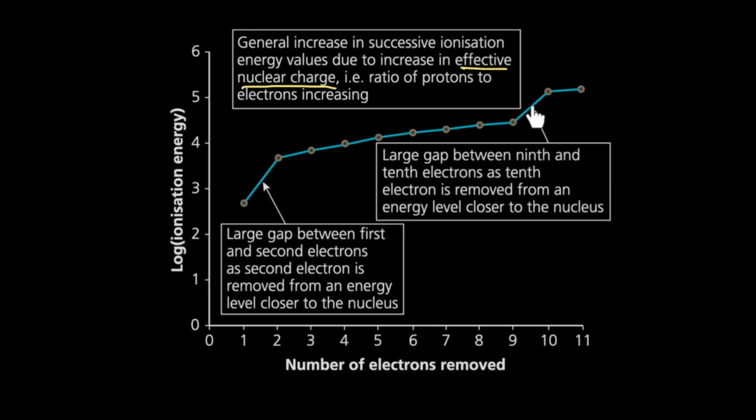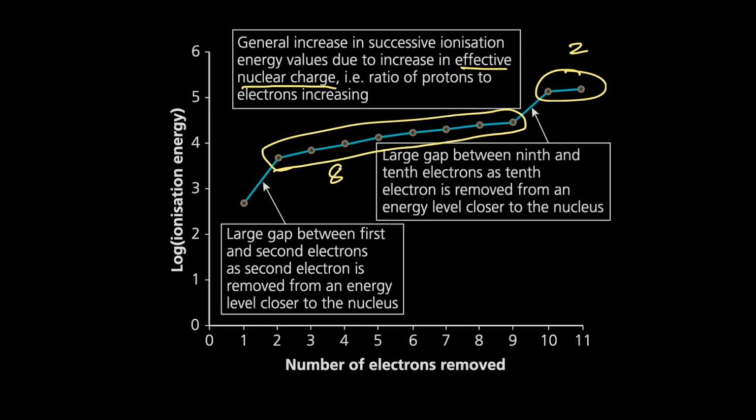And why is there a large jump right here? Which tells me that even this is from an electron shell closer to the nucleus, which means the largest 2 ionization energies are for the innermost 2 electrons, then the remaining 8 are from the inner 8, and the outermost is from the outermost 1.